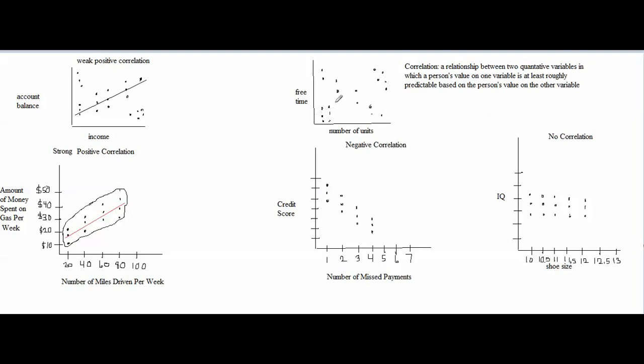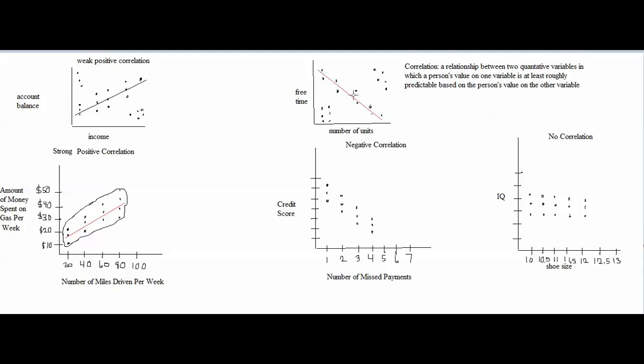So we're going to have a lot of people in these corner areas probably, which means we'll probably have a lot of people who are far away from this line. If it's a negative correlation, then you would put a dropping line in the scatter plot.